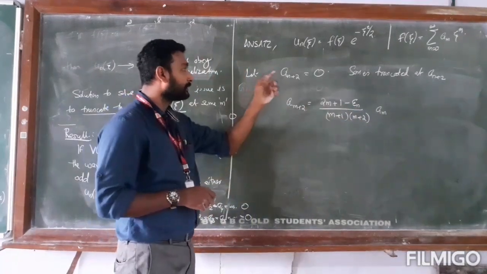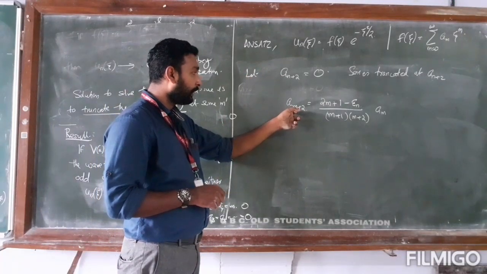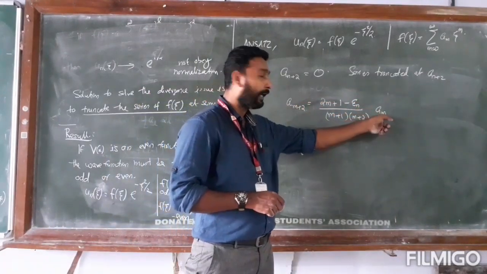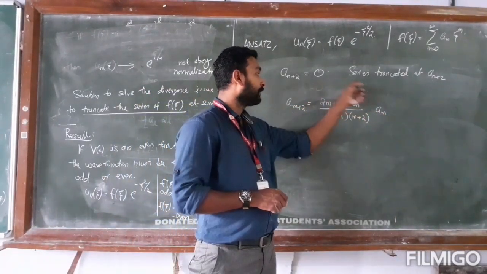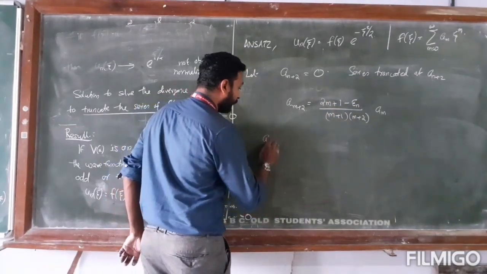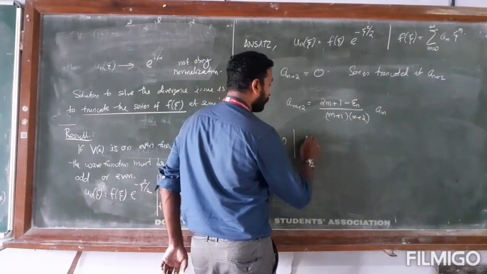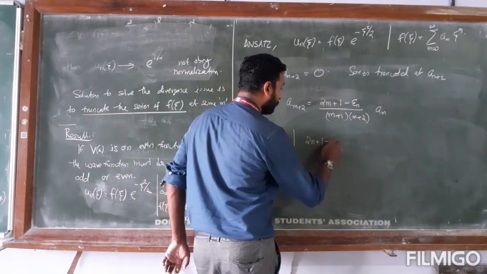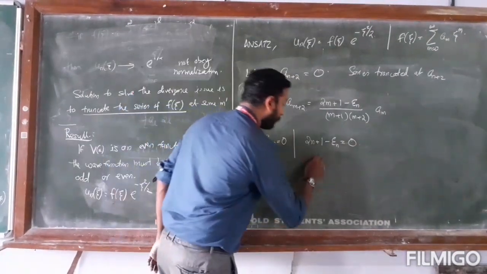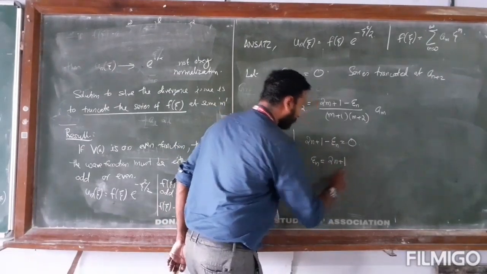Okay, so if you truncate the series at n plus 2, then a_{n+2} must be 0. That means, since a_n cannot be 0, the numerator must be 0. So if a_{n+2} is set to 0, that will imply 2n plus 1 minus epsilon n must be 0, or epsilon n must be equal to 2n plus 1.